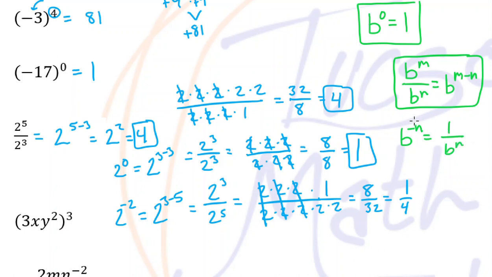So whenever we have a negative exponent, it means take that base and exponent, whatever it is, and move it to the denominator, or if it's in the denominator, move it to the numerator, to the opposite position. Okay, so that's really handy.